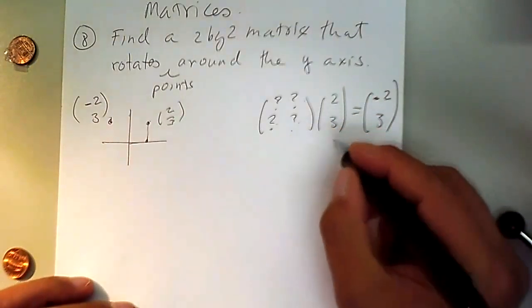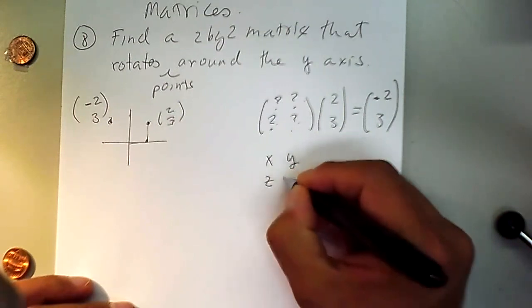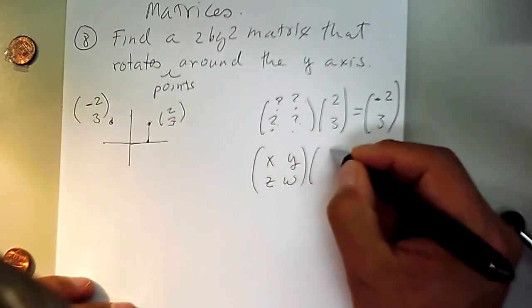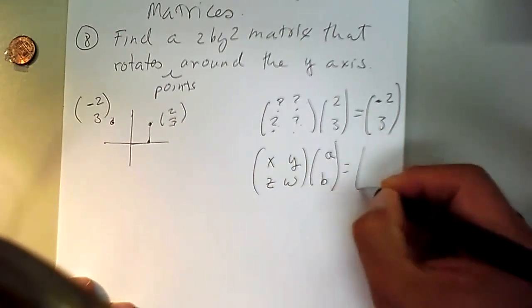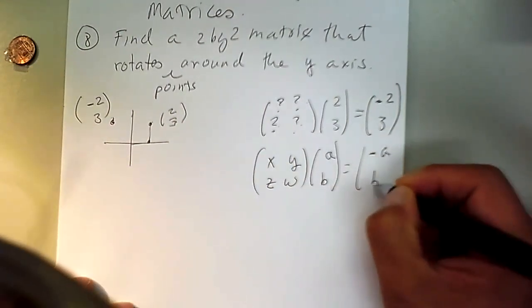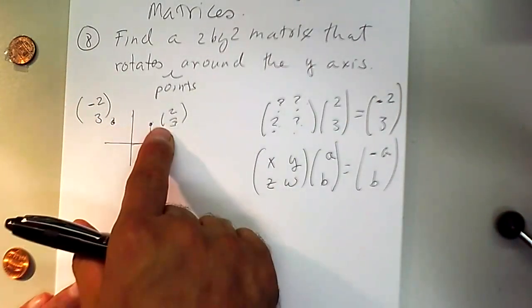Let's use the analytic method. X, Y, Z, W times, well, in general, if you have A and B, we want to end up with opposite of A and B, because we also want to do it the other way. If we start with this, we want to end up with that.